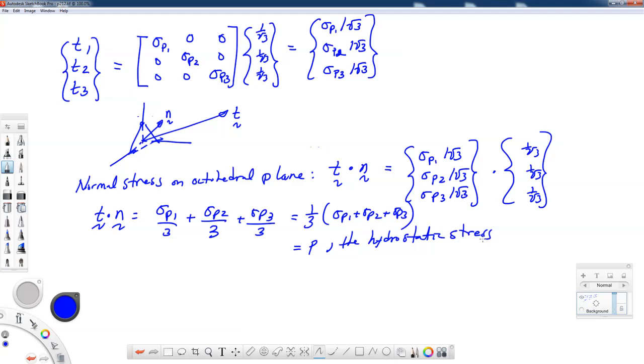So if we want to develop a yield criterion, it's not this component that we're interested in. What we're really interested in is the shear component.